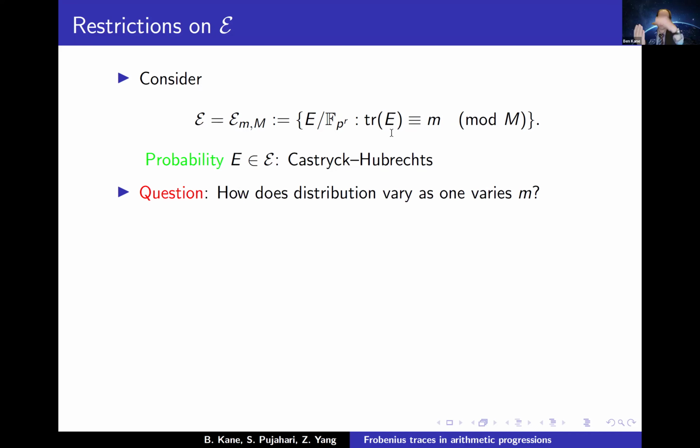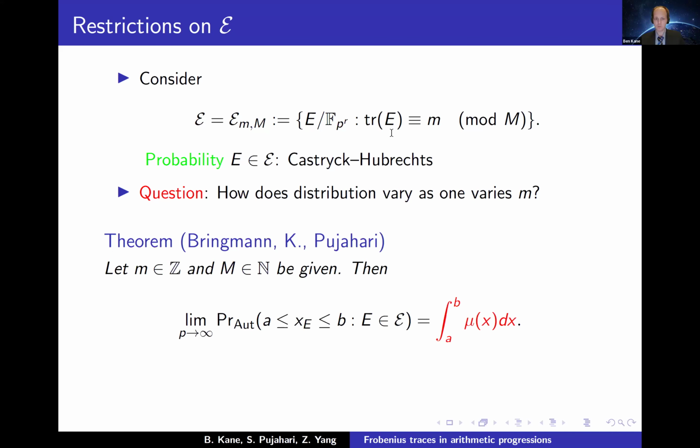So if you fix the capital M and you change the arithmetic progressions, you can ask what is the distribution of the normalized trace as the primes go to infinity. So we fix the arithmetic progression first, and then we vary the prime field, the prime power field.